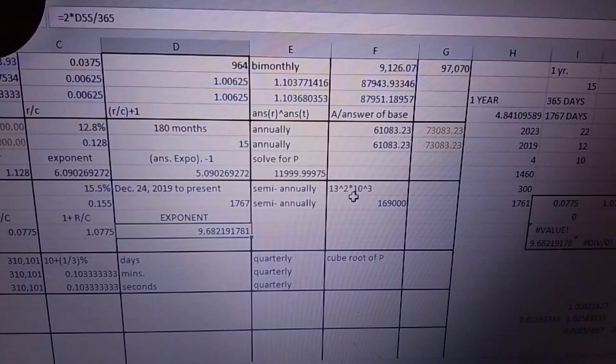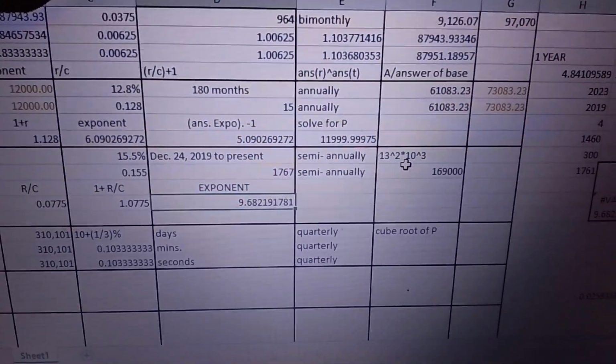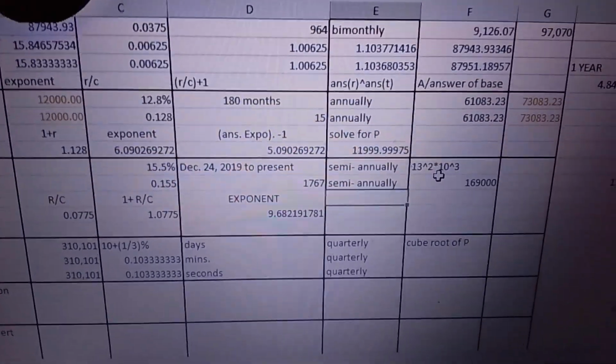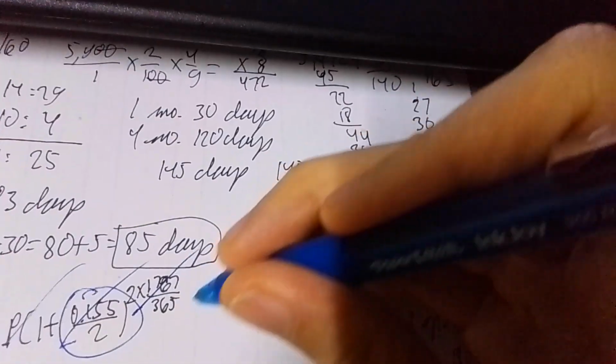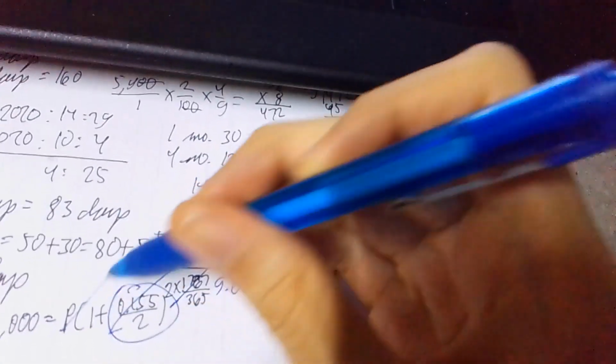So, therefore, we've already solved for everything. Di ba? And then, this one here, we're gonna do this. Di ba, remember, na-solve tayo dito. And our value is 9.68219, di ba? So, now all we have to do is, this guy, yung answer na nakuha namin dito, the answer of 1 plus R divided by C, raised to the exponent.